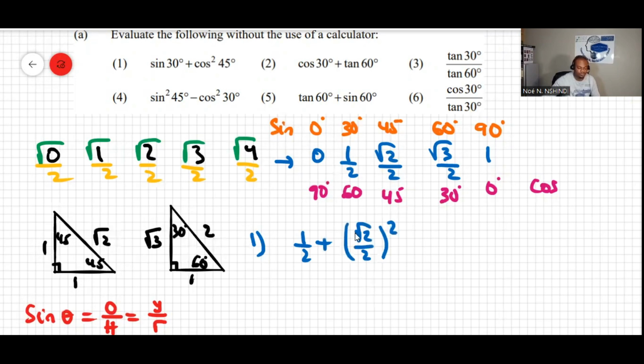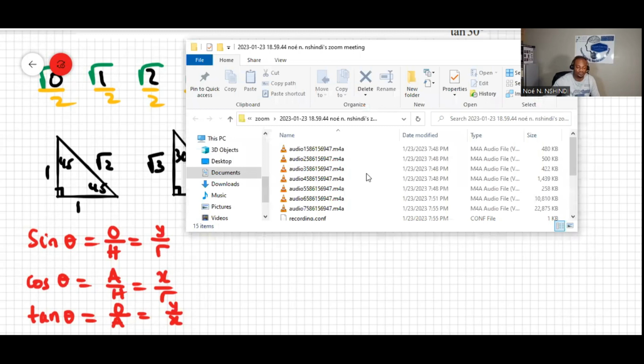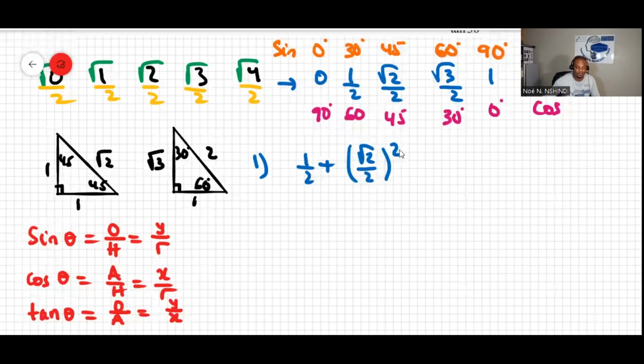Or you use this formula: sine of 30 degrees is going to be opposite over hypotenuse, so 1 over 2, plus cos of 45, it's going to be adjacent 1 over root 2. And if you rationalize this, you're going to get root 2 over 2, to the power of 2.